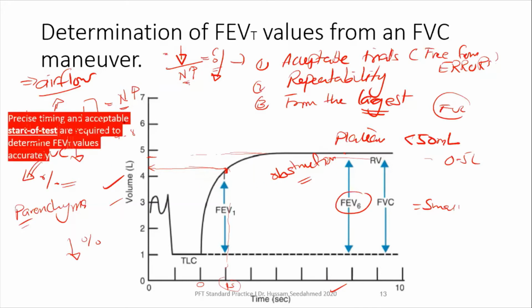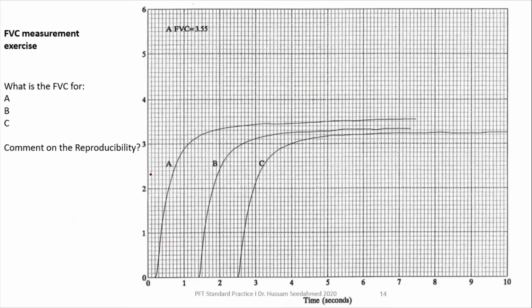Precise timing and an acceptable start of test are required to determine FEV1 values accurately, and I've already mentioned this. Now, this is an exercise. I will give you 30 seconds on your own. Each of you, determine the FVC for curve A, curve B, and curve C, and then comment on the repeatability or reproducibility.